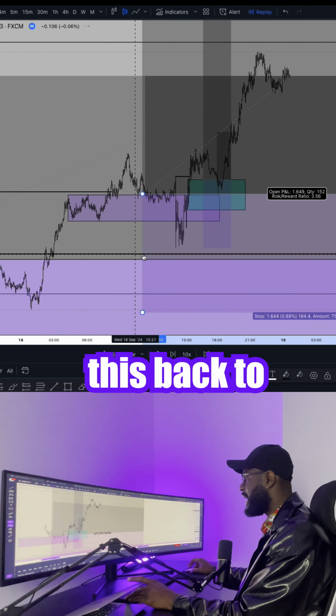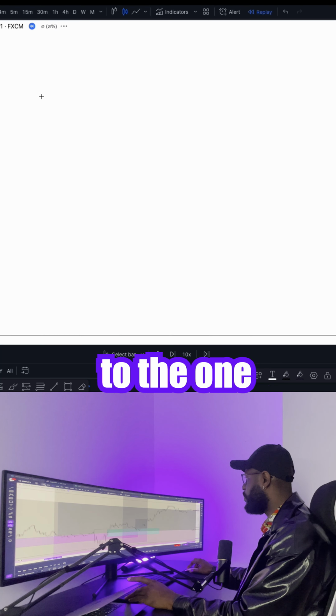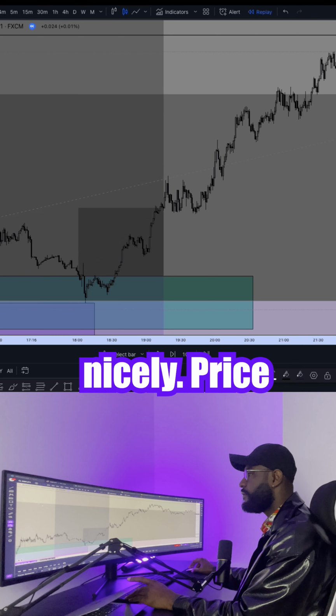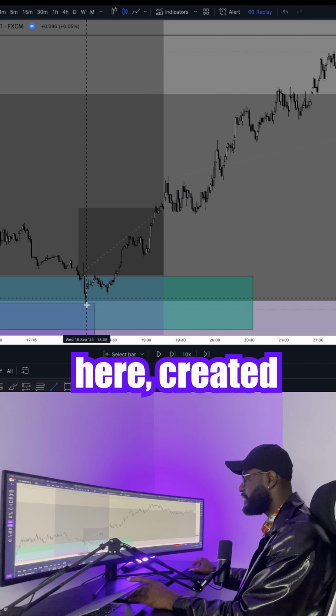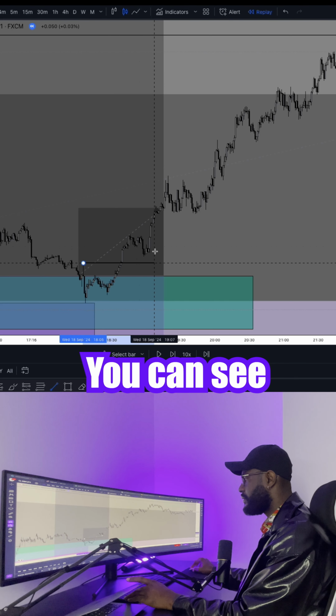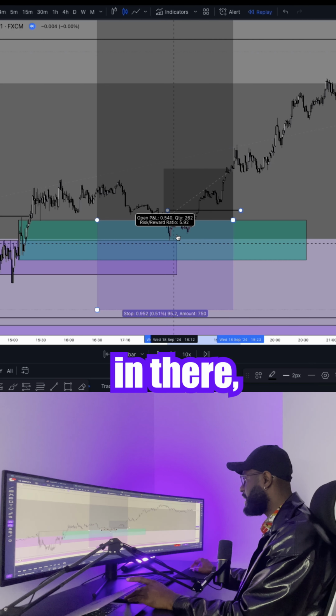If we take this back to this key level and go to the 1 minute time frame, you can see how nicely price created a high here, created a low, and broke structure right here. You can see that very clearly.